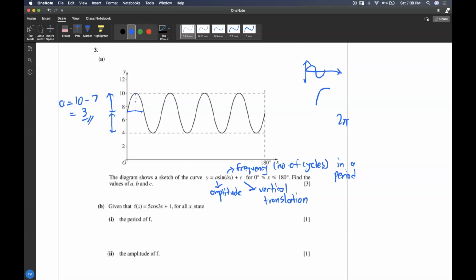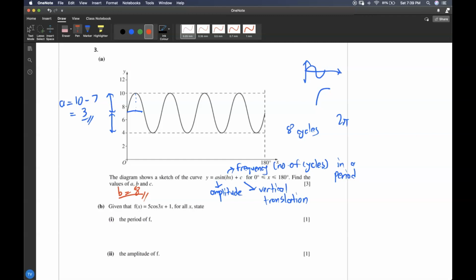We have 4, but this is only for 180 degrees. If I were to include another 180, what will you get? You'll get 8 cycles. This is what we have to write in our equation, because the general equation always stands for the regular standard 2 pi cycle. So B must be equal to 8.